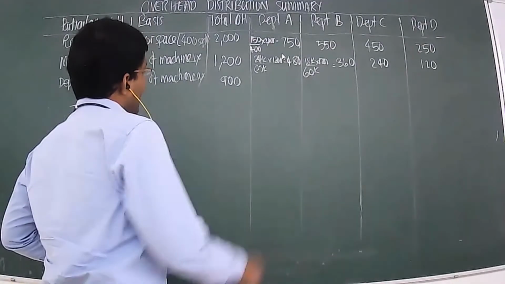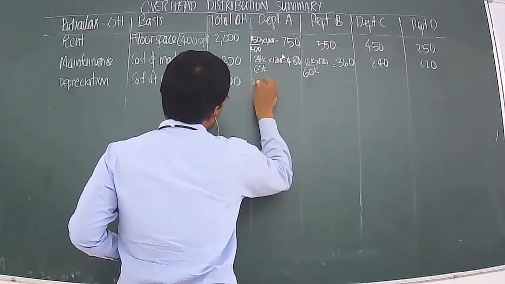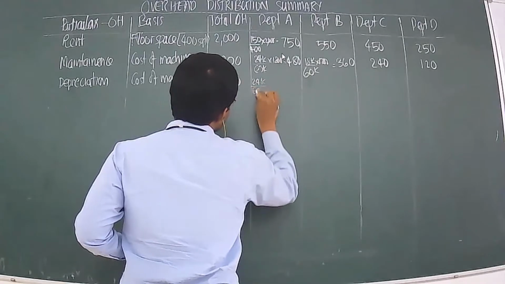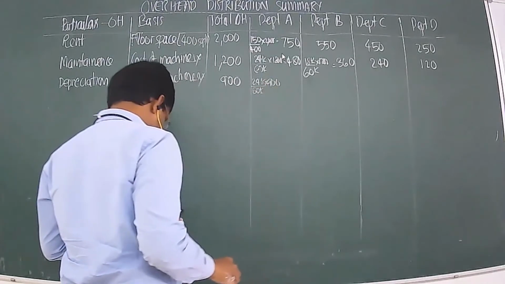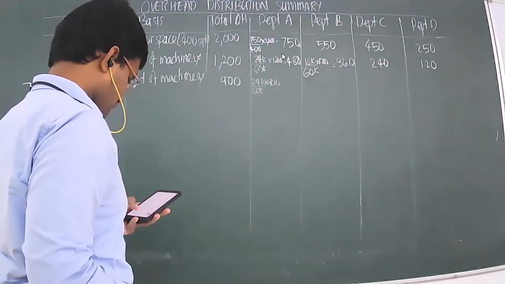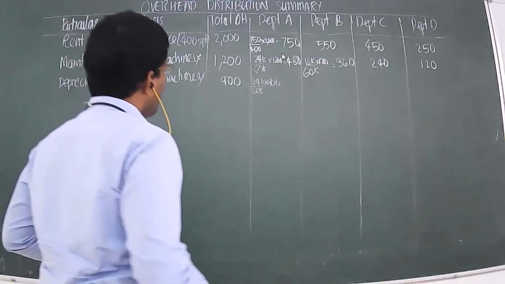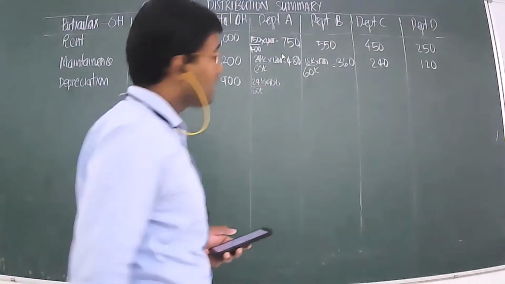So how do we calculate here? We will calculate this by 24,000 divided by 60,000 into 900.